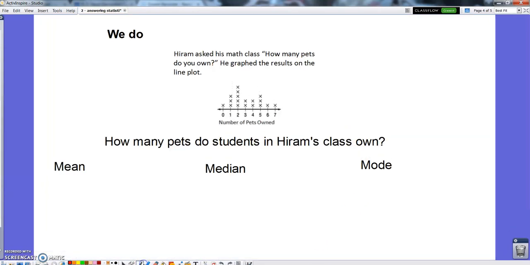All right. So the mean, write down your steps. The mean, you add up all the numbers and then divide by how many?